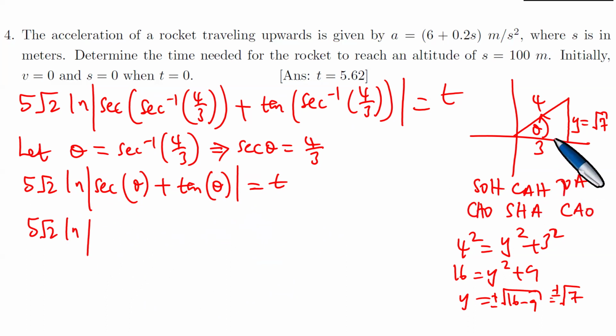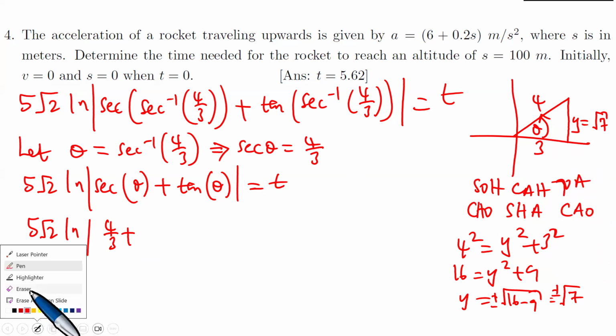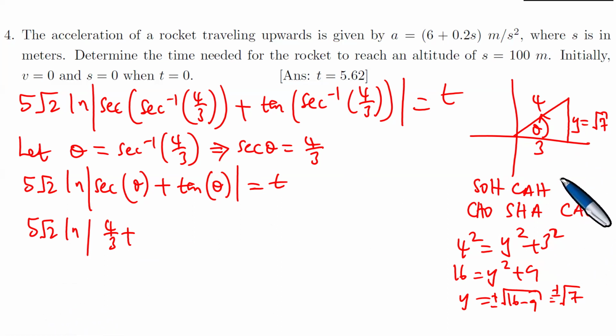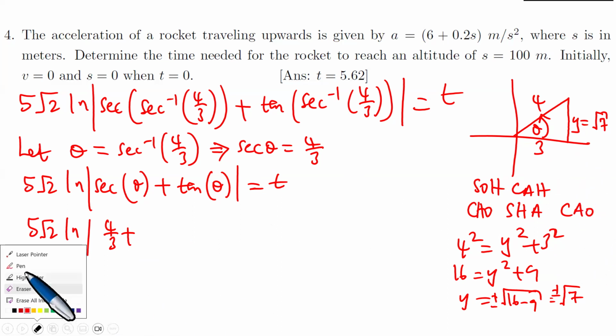So what is the secant of theta from this diagram? Secant is hypotenuse over adjacent, so the secant is 4/3, plus the tangent of theta. From SOHCAHTOA, the tangent is opposite over adjacent.